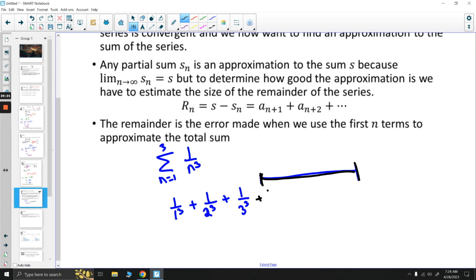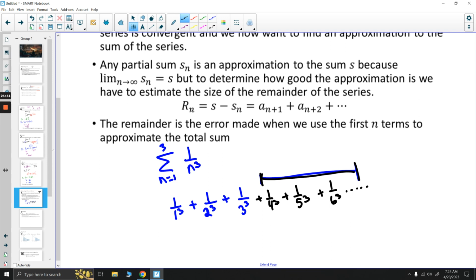So that would be 1 over 4 cubed, 1 over 5 cubed, 1 over 6 cubed, and so on and so forth forever. So basically, that's what this error is: it's the whole infinite sum subtracting off the partial sum, which we did, which is this black one.